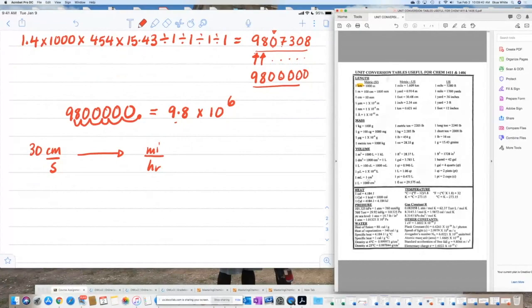So with time, you want to know that 1 week is equal to 7 days, 1 day is 24 hours, 1 hour is 60 minutes, 1 minute is 60 seconds. At least if you know that at your level of chemistry, I think that's pretty good.